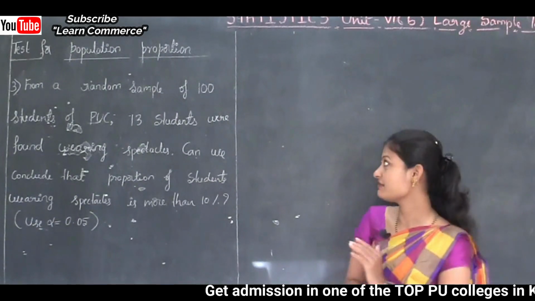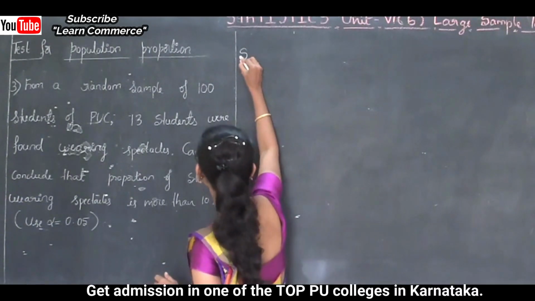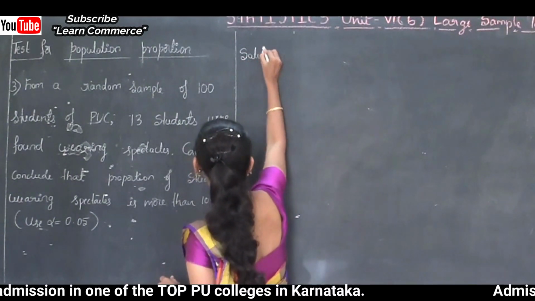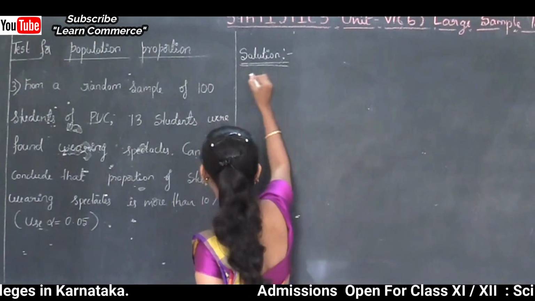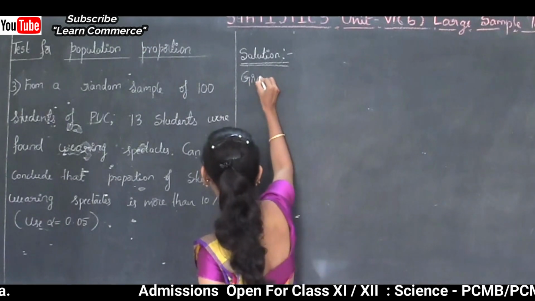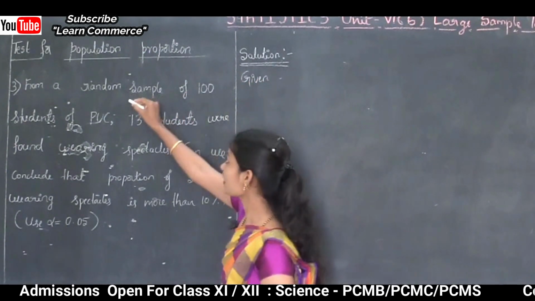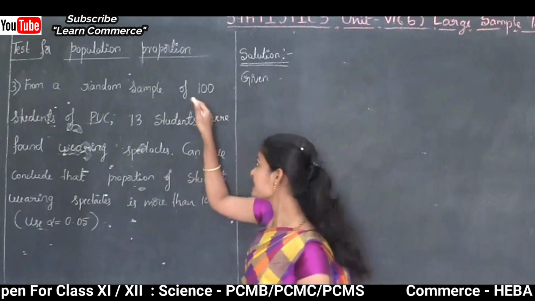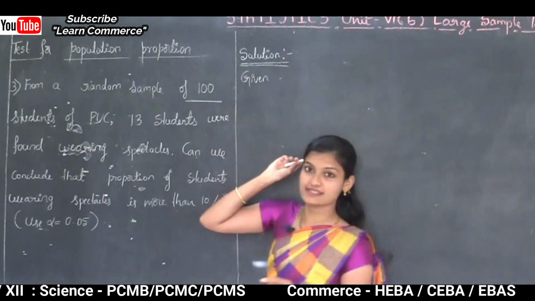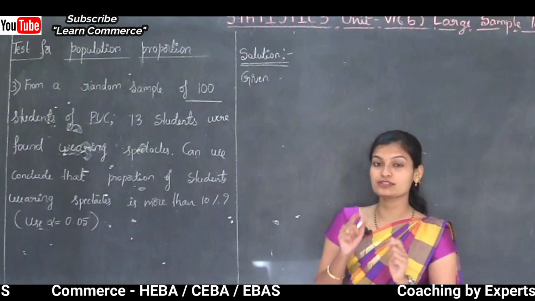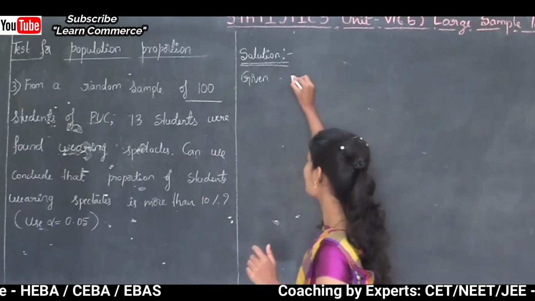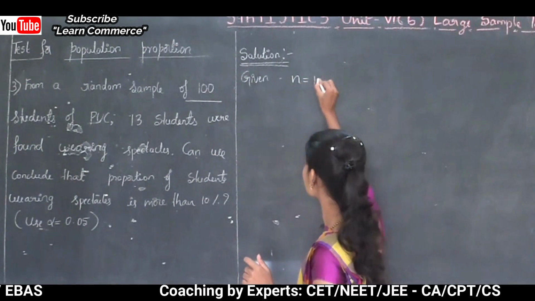In that, given observations are: from a random sample of 100 students. So here the number of students is 100, in the sense the sample observations are 100. The sample size is denoted by small letter n, and n is 100.